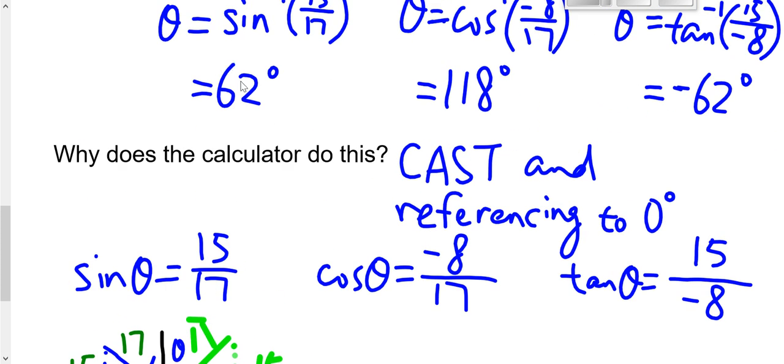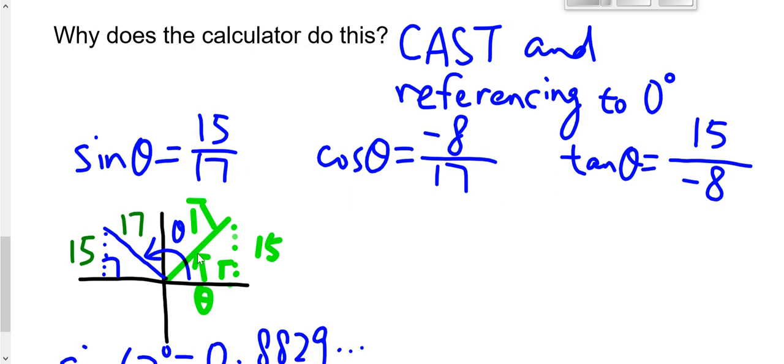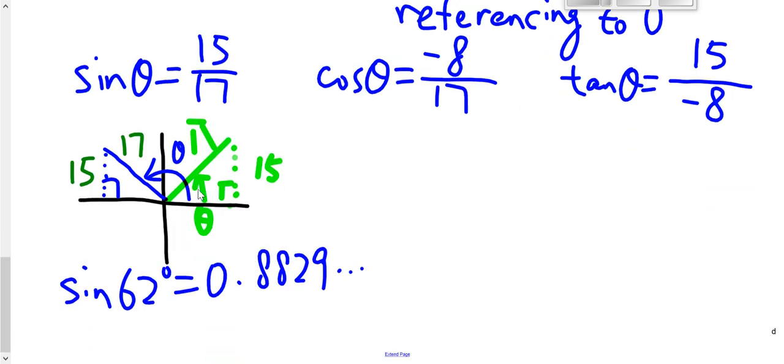Now, if we do the reference angle, if this is 62, that means this is also 62. If you take away 62 from 180, the angle here would be 118. So what's the big deal? Let's do this. Sine 118 degrees.